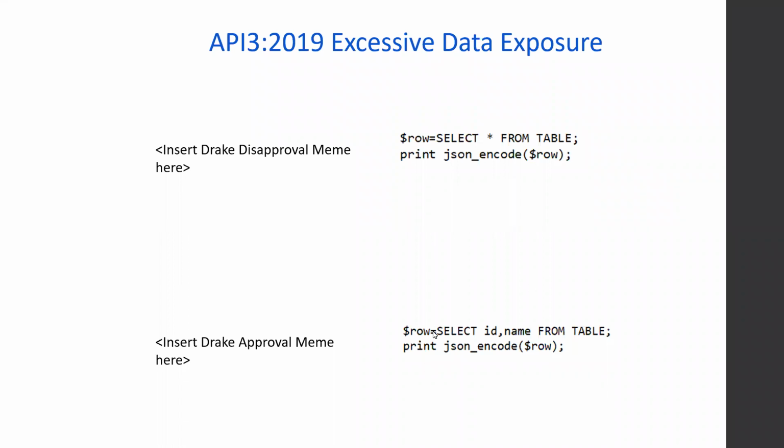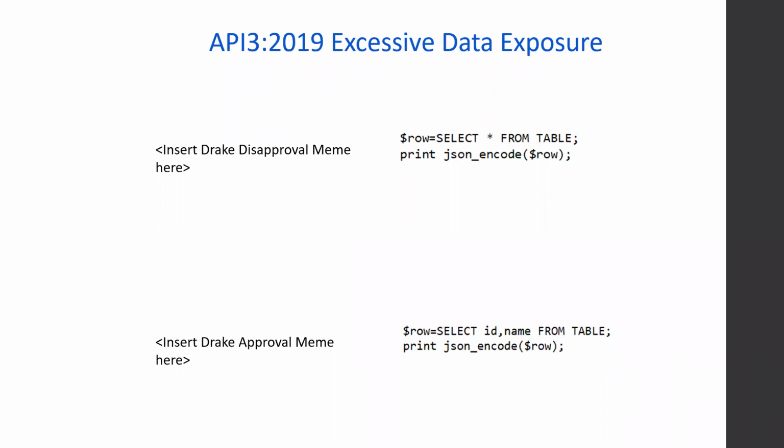So in excessive data exposure, in order to prevent such vulnerabilities from happening, we must make sure that we only request data from backend what is necessary and not more than that. So let's say you want to display a list of users, right?